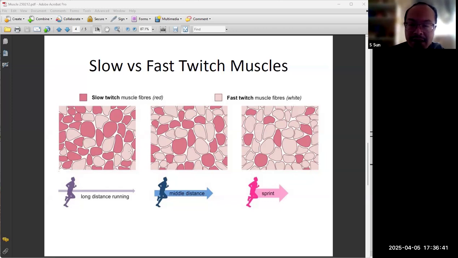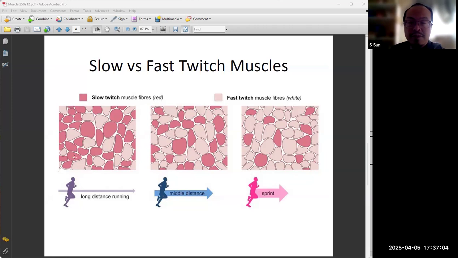It doesn't really need blood to provide the oxygen, because that takes time. If you need blood to provide the oxygen or the glucose, it takes time. So the muscle itself already contains energy. So that's a fast twitching muscle.